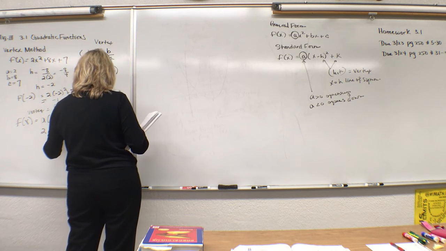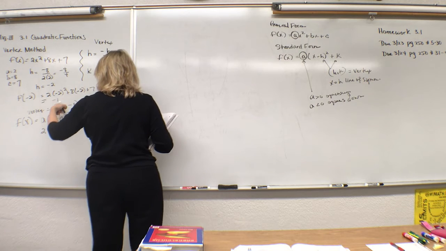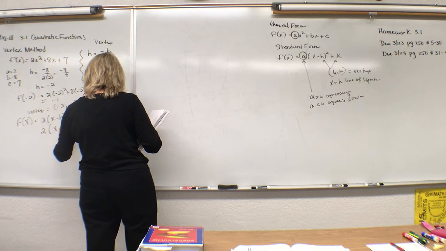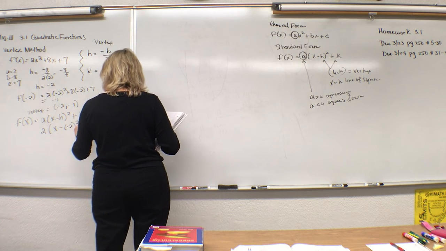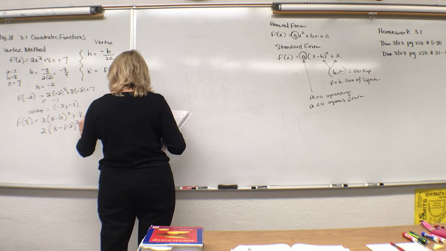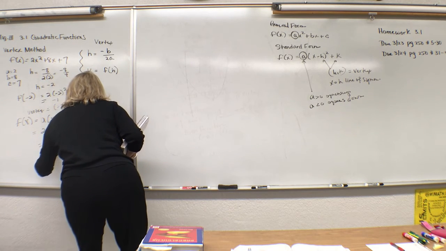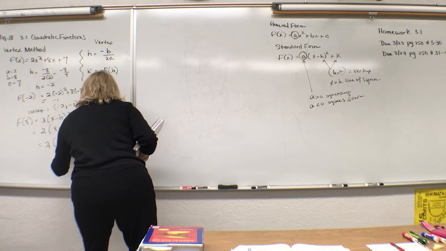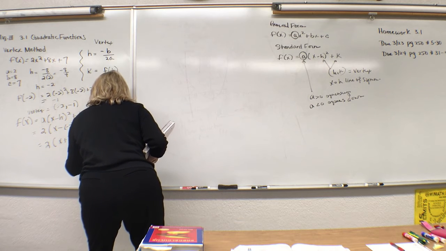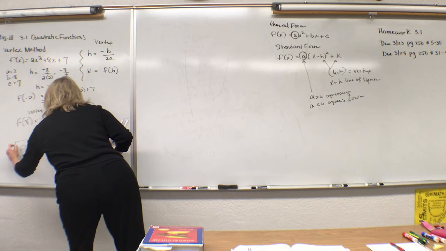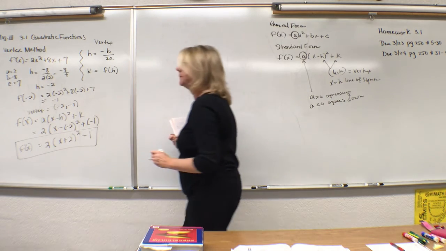This is x minus, now be careful, the h itself is negative. So this is x minus a negative 2 quantity squared plus k, well k is negative 1, which means this really equals 2 times x plus 2 quantity squared minus 1.